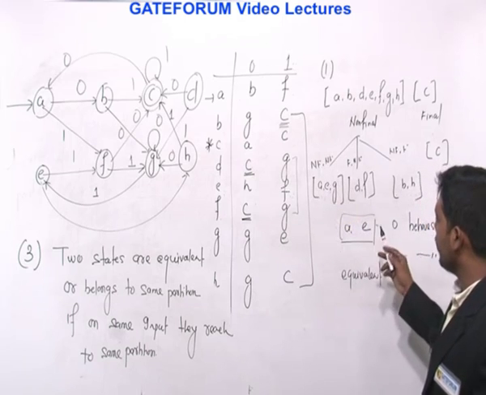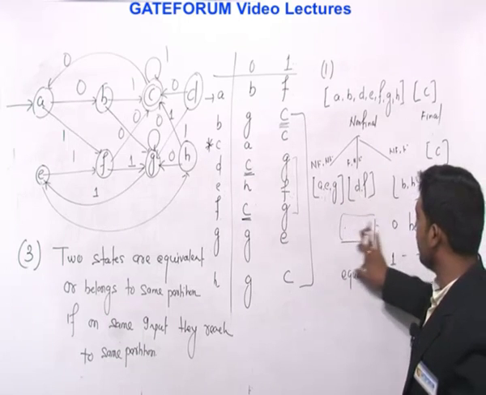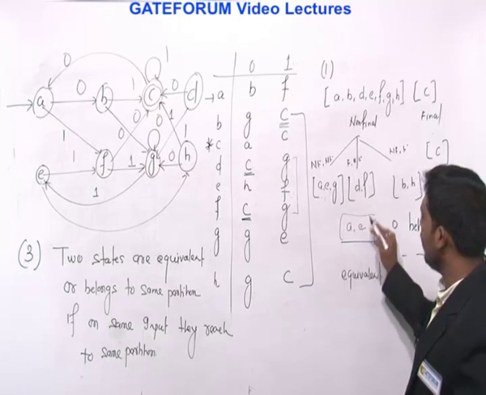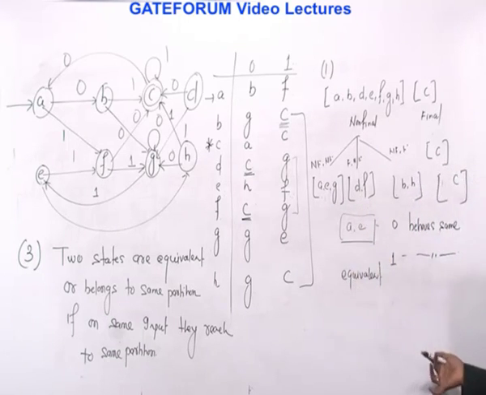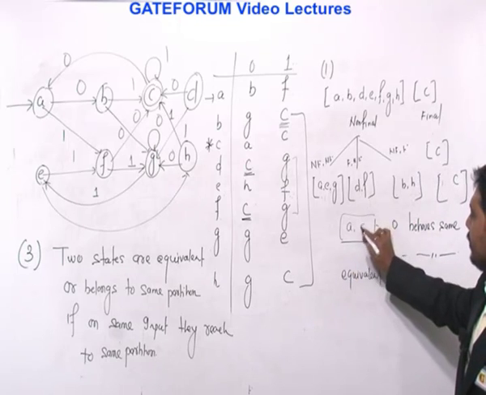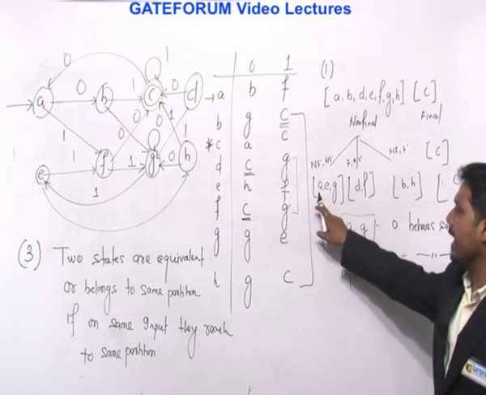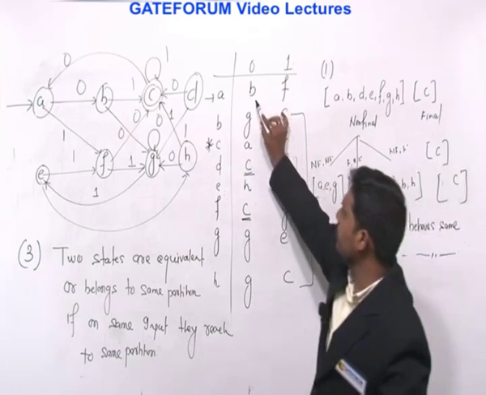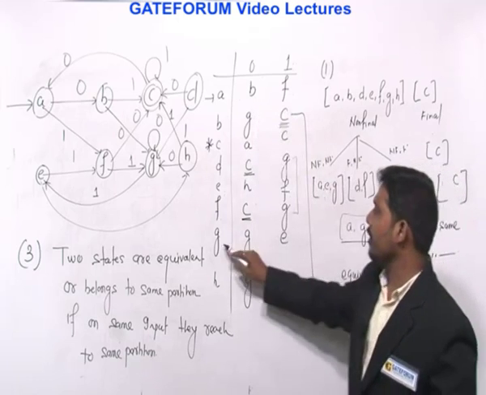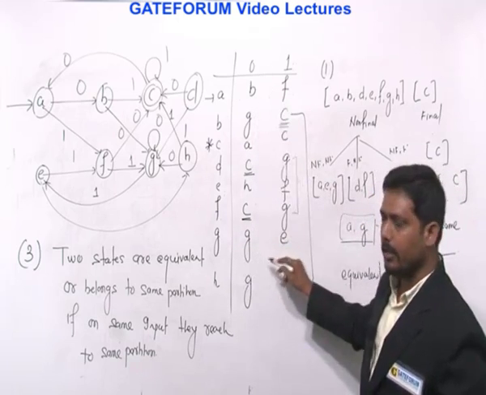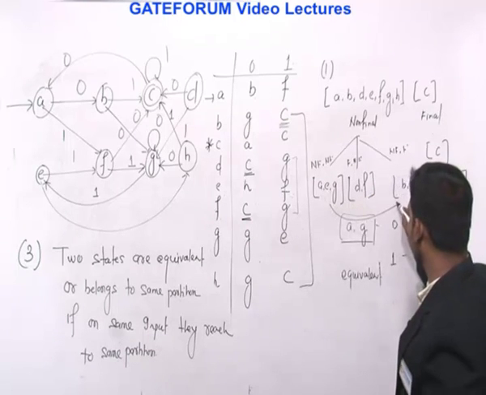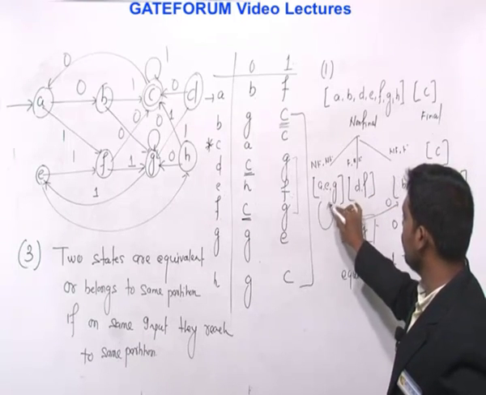Now I will check with G, whether G belongs to the same partition. Let's check A and G, or E and G, whatever you can check, because A and E are equivalent. A on input 0 goes to state B, and G on input 0 goes to state G, making a self loop.